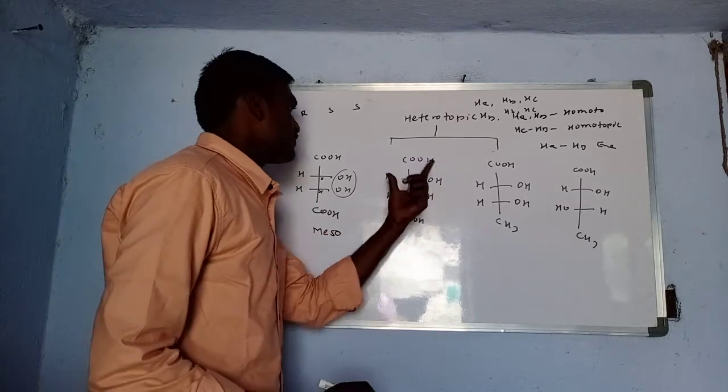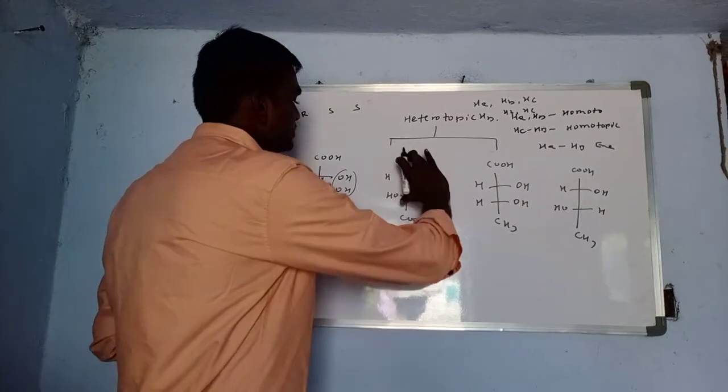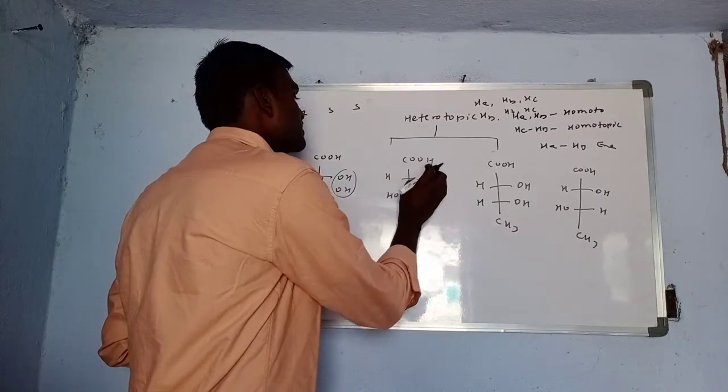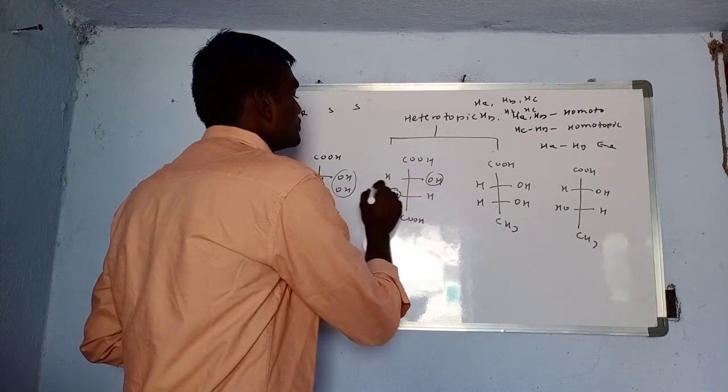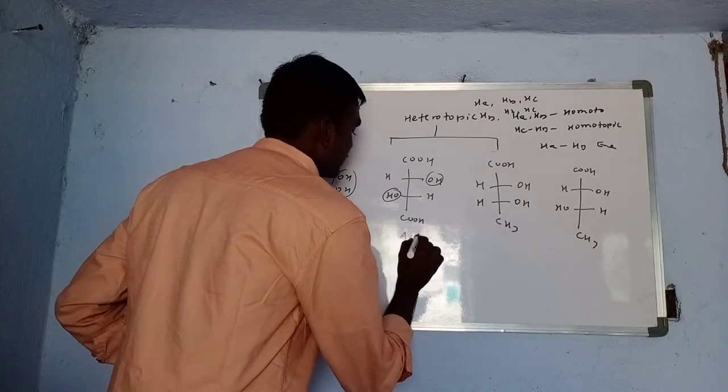In the same way, if the top and bottom groups are the same, and at the chiral centers the same groups are on opposite sides, then that is the active form.